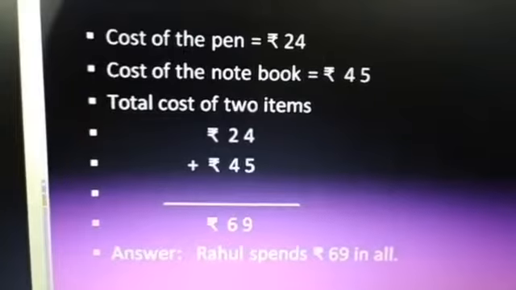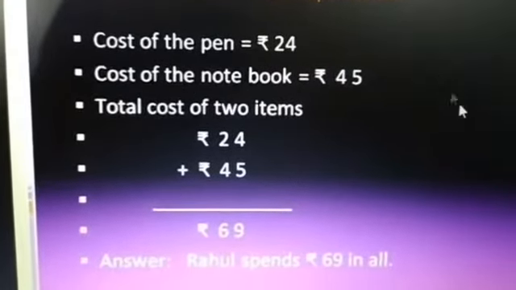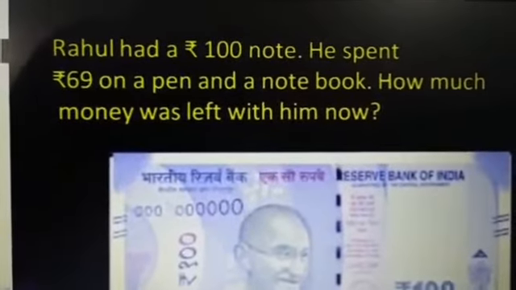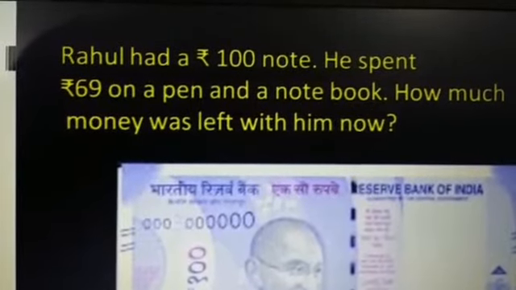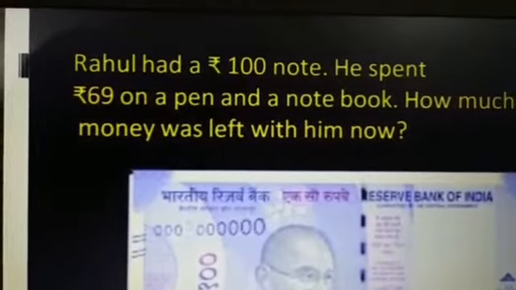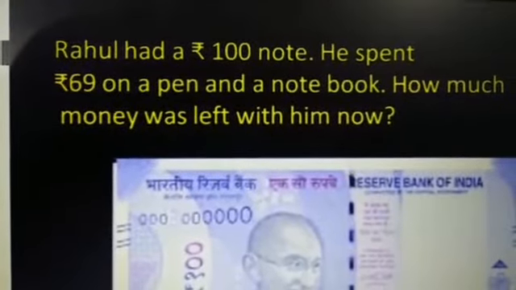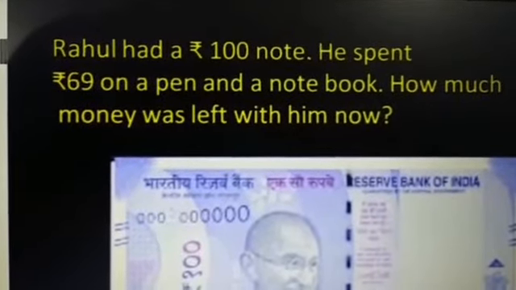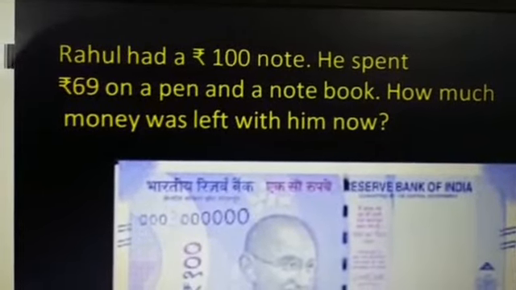Okay, very easy. Let's come to the next question. Okay, look at the question on your screen. Rahul had a 100 rupees note. So Rahul had 100 rupees note and he spent 69 rupees on pen and notebook. That we solved just few minutes before. And how much money was left with him now?